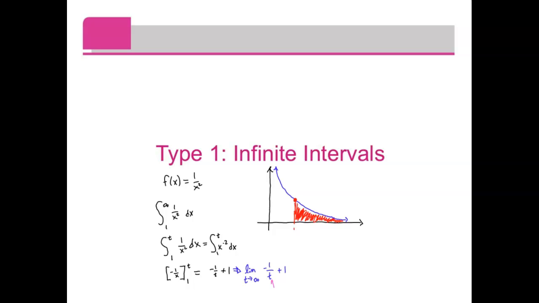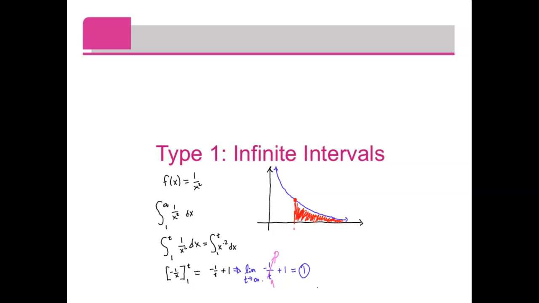What is that term going to approach as we let t approach infinity? Good. Anytime we have a constant in the numerator and our denominator is getting infinitely large, that term is going to approach 0. So yep, that goes to 0. And I end up with 0 plus 1, which is just 1.